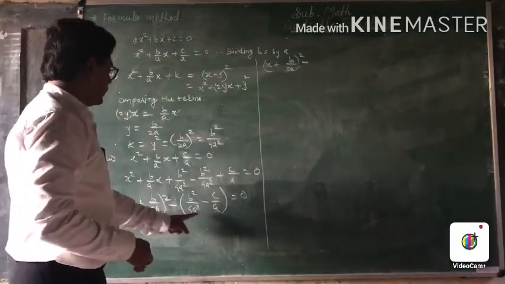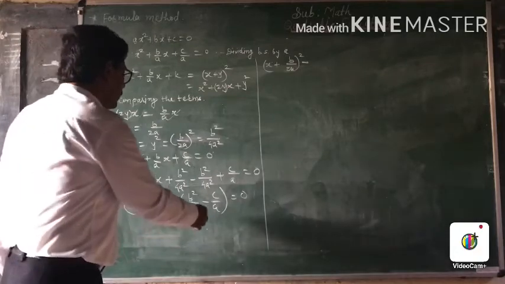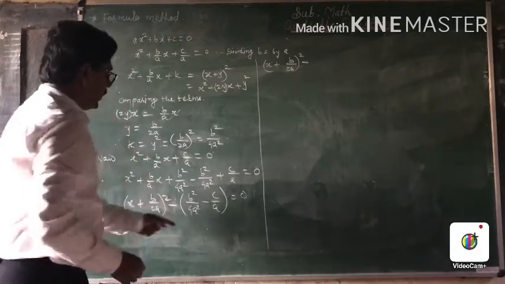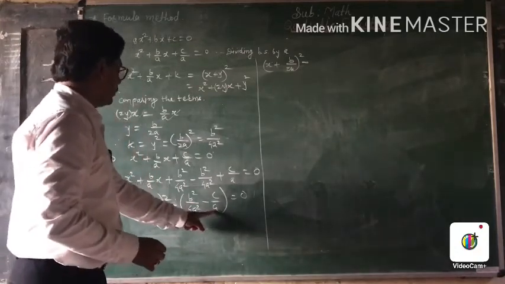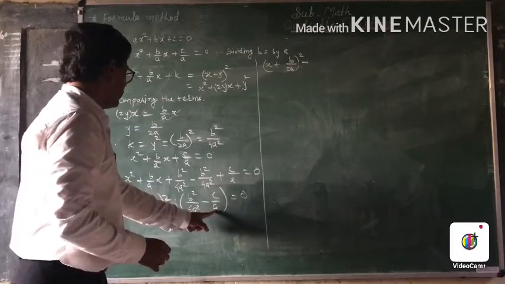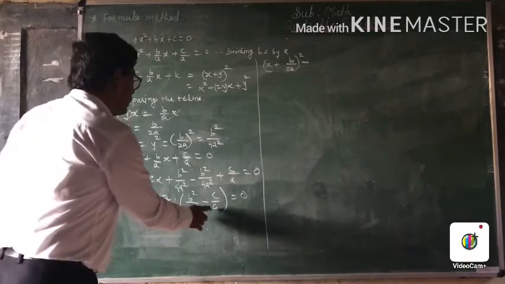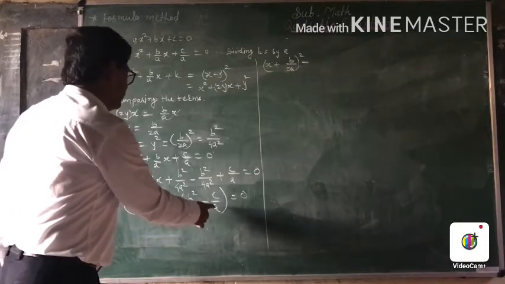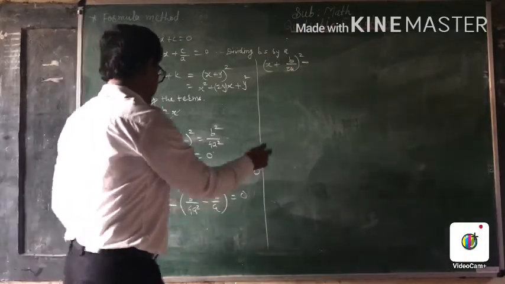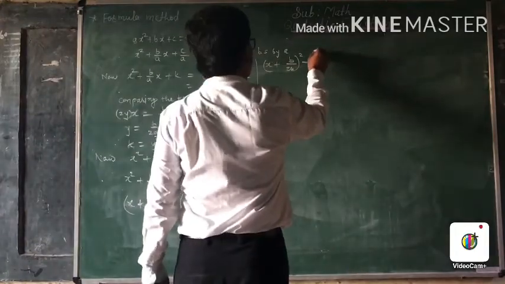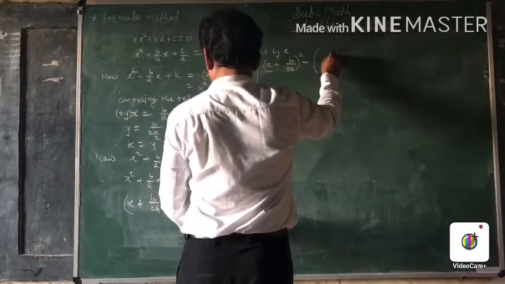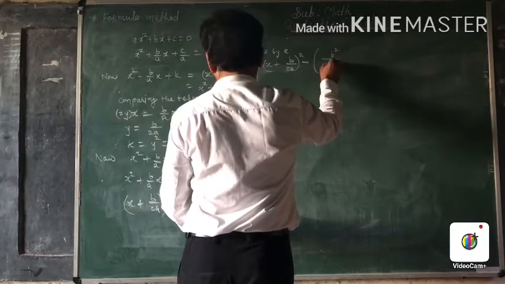For making the denominators the same, multiply by 4a and divide, minus in bracket b square upon 4a square.